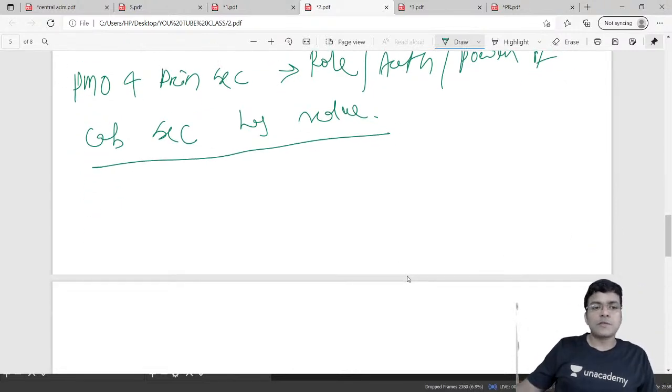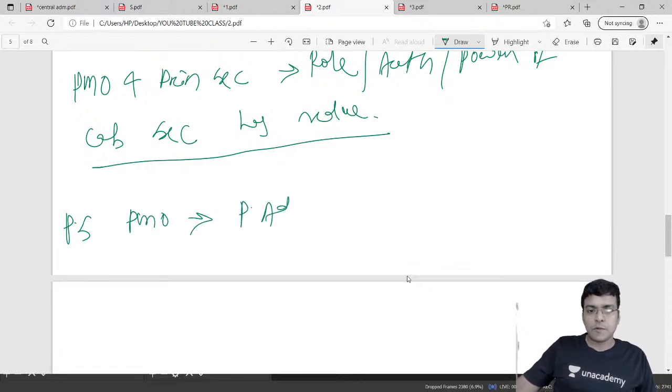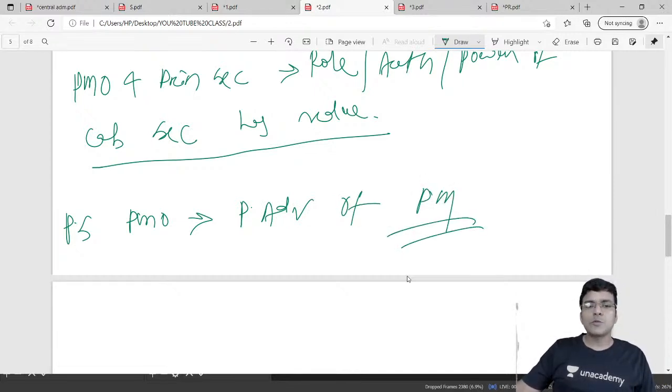Now instead of the cabinet secretary, the principal secretary PMO has become the principal advisor of the PM. So this has reduced the authority and function of the cabinet secretary, who is the senior most IAS officer in the central government. The cabinet secretary is the senior most IAS officer, but he is not the chief advisor or principal advisor to the PM. The principal advisor is who? The principal secretary to the PM.